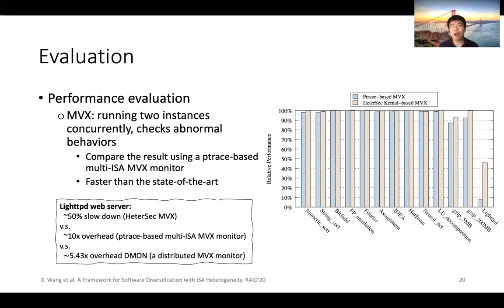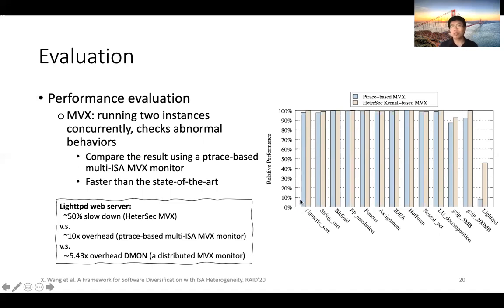Next, we measure the MVX performance. We ran 2 instances of the application on top of different nodes. We have our HeterOSec kernel-based MVX at the yellow bar, and we also use a ptrace-based MVX monitor shown at the light blue bar. We compare the results for the Nbench benchmark.